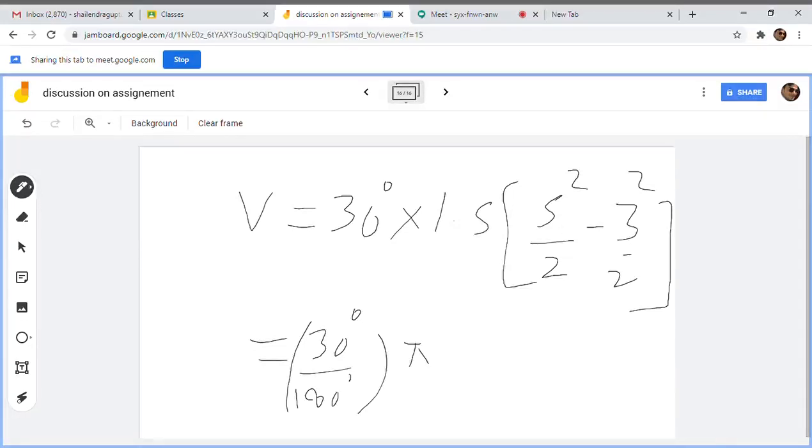So pi by 6 into 1.5 into, divided by 2, 5 square is 25 minus 3 square, that is 9. 25 minus 9. So calculate this and you will get your volume.